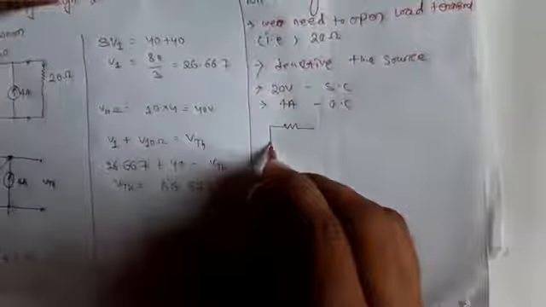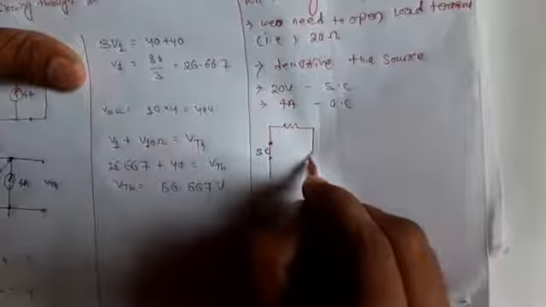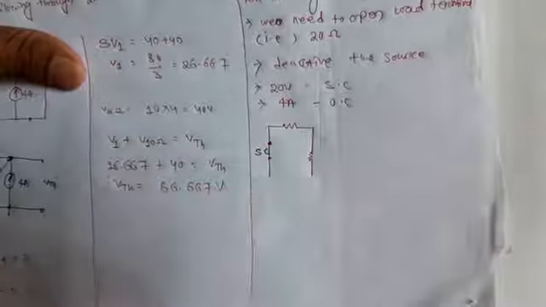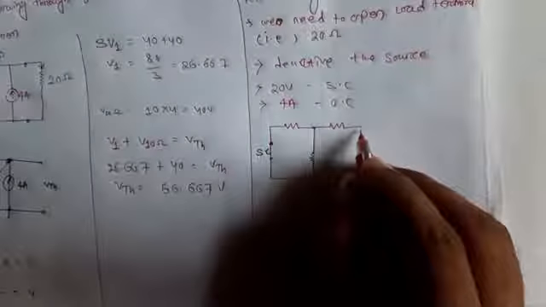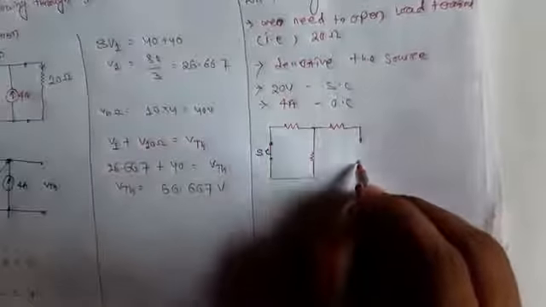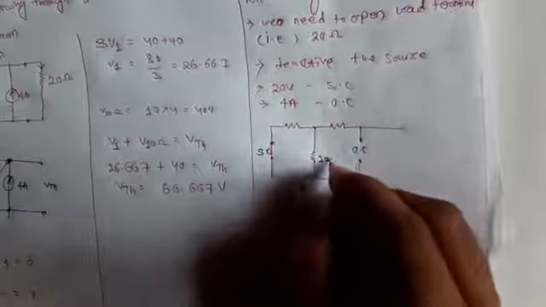Then our modified circuit looks like this. These are short circuited, this is 10 ohm, this is 10 ohm, this is open circuited due to the current source, and this is 5 ohm.